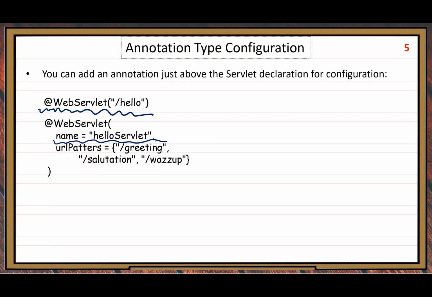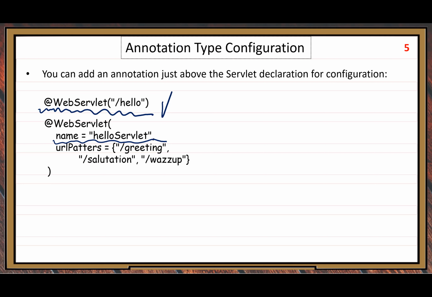If it were capital H, that would be the default, which you do not need to specify. But here we want to change it, so I intentionally change it to lowercase. Then for the pattern, I can provide more than one, three here. If you want to do the same thing as we did in the explicit way, we can do it here. Otherwise, if we want to do the simplest way, just one line, that's it.